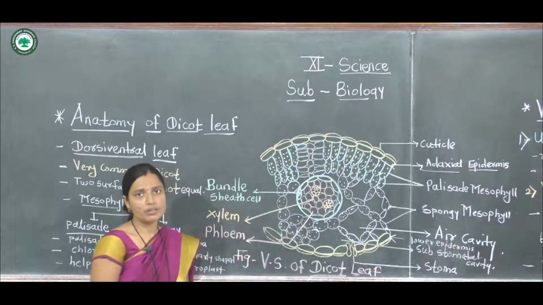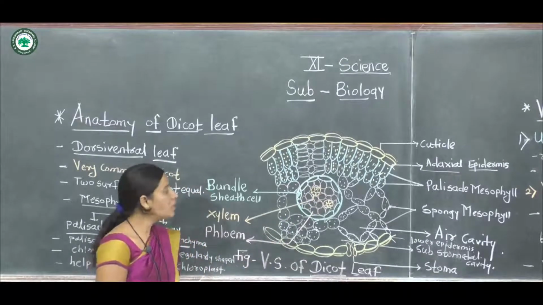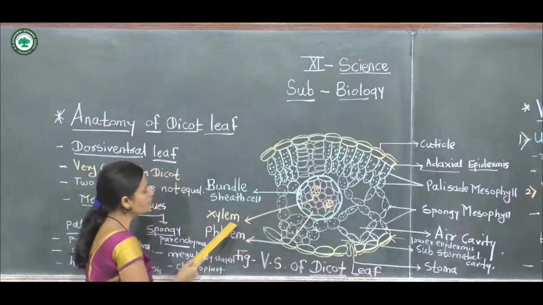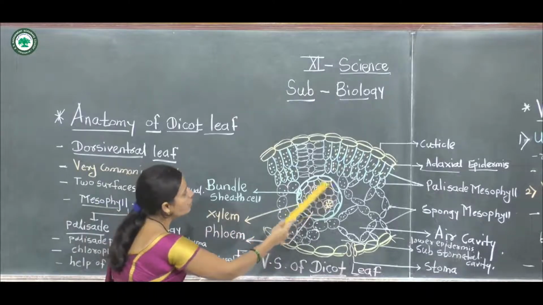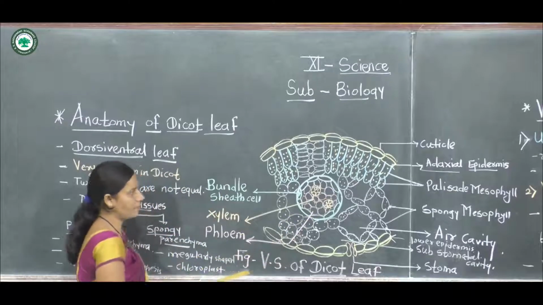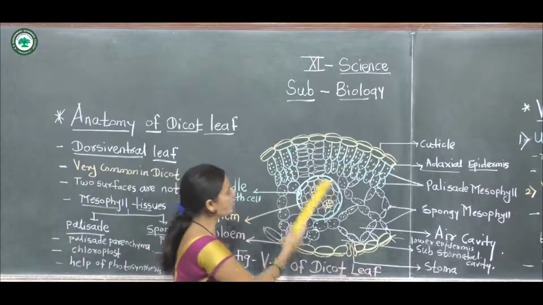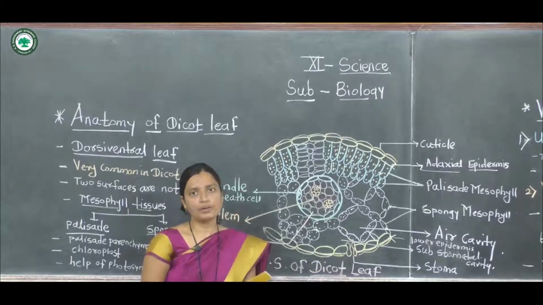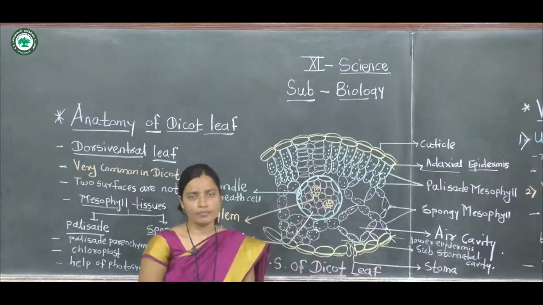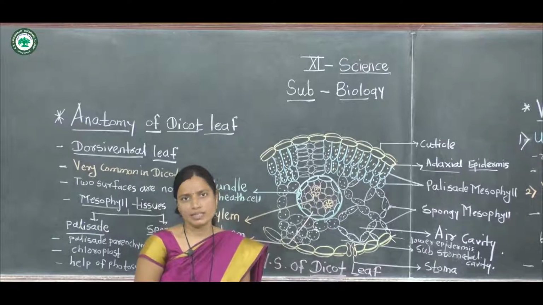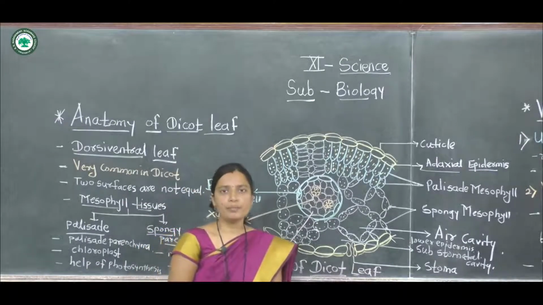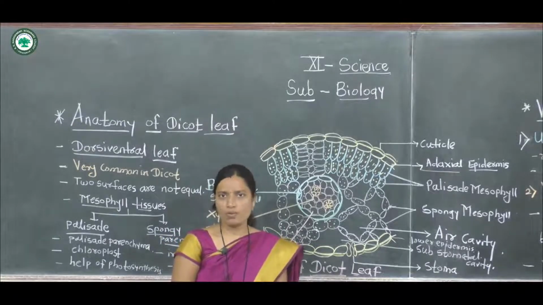These two important tissues are present in the dicot leaf: the xylem tissues and the phloem tissues. These conducting tissues are present in the vascular bundles, and they play a very important role in the conduction of food and water.